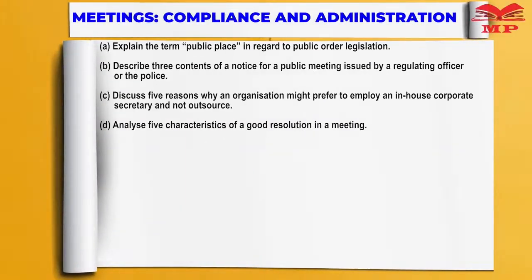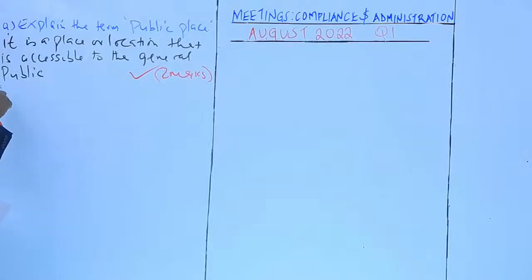Part B reads, describe the 3 contents of a notice for a public meeting used by a regulating officer or the police.